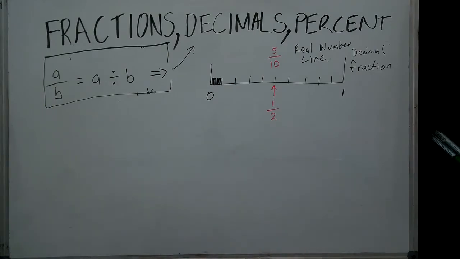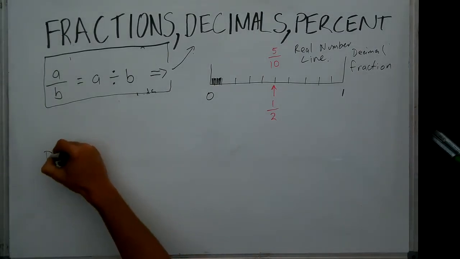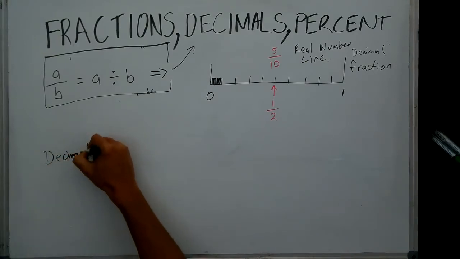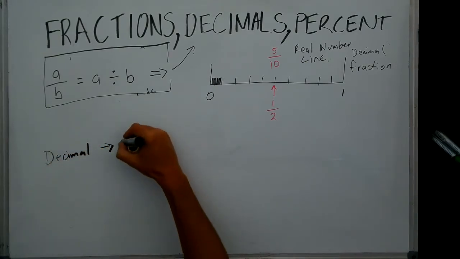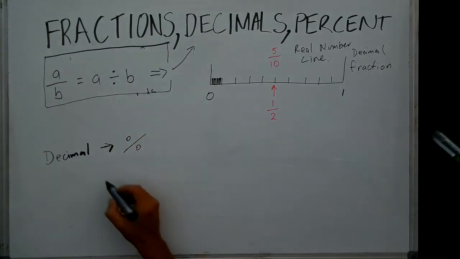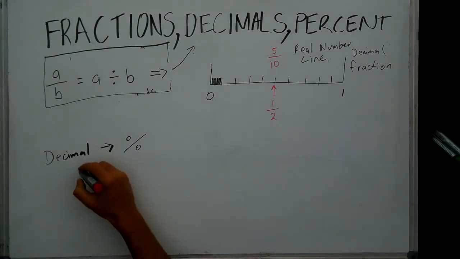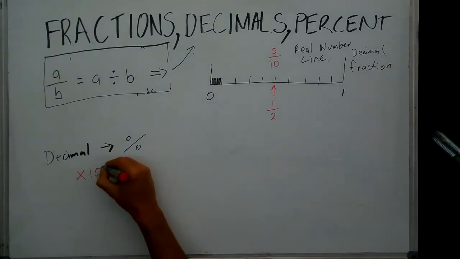And the way we get there, so in decimal, percent, so this is the symbol. All we do is multiply by 100.